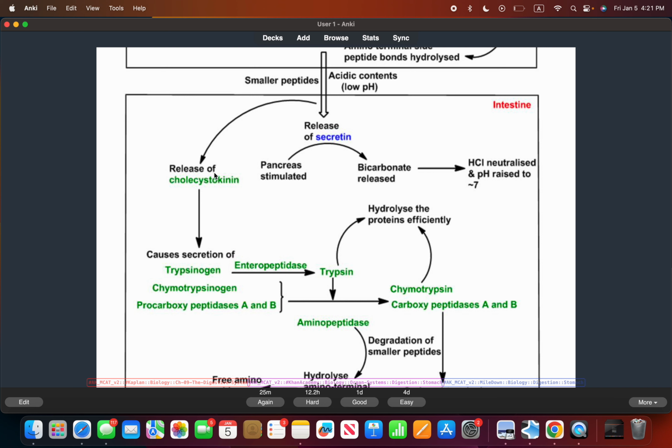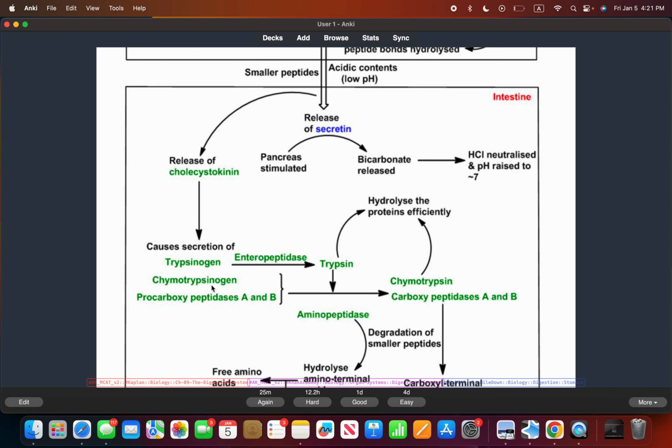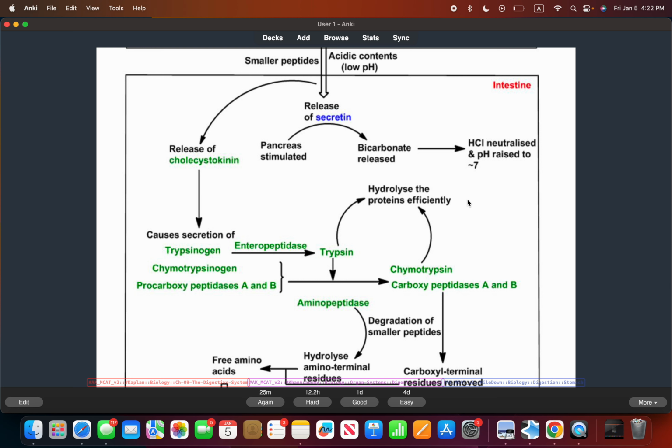Cholecystokinin causes the secretion of trypsinogen, chymotrypsinogen, and procarboxypeptidases A and B. Trypsinogen is turned into trypsin with enteropeptidase, and trypsin causes these two to turn into chymotrypsin and carboxypeptidases A and B instead of procarboxy, and these go in a loop to hydrolyze the protein efficiently.